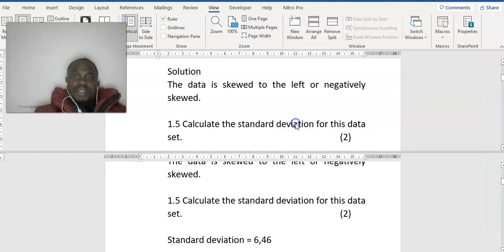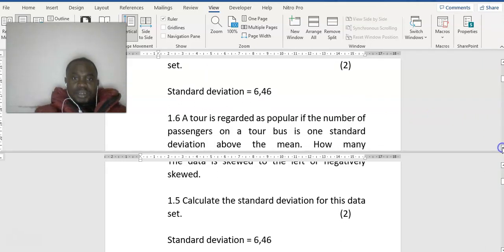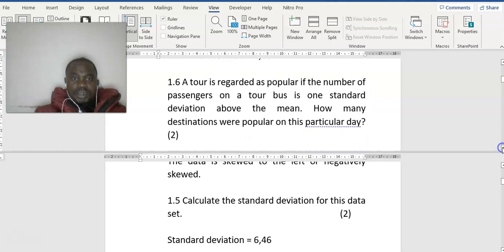Now our next question. A tour is regarded as popular if the number of passengers on a tour bus is 1 standard deviation above the mean. How many destinations were popular on this particular day?